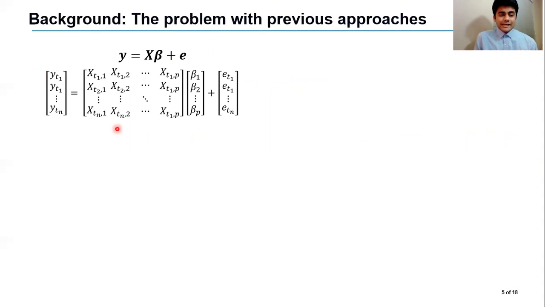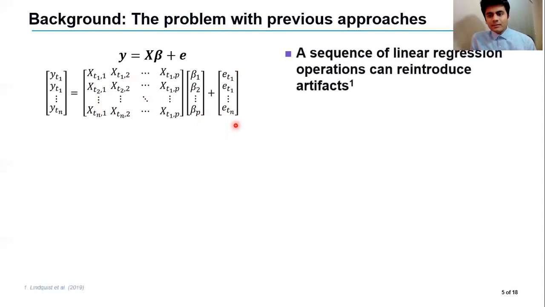X has columns that are time series of nuisance covariates, for example, head translation in the x direction and y direction and z direction and so on. Beta is the vector of coefficients obtained from the fit, and E is the residual denoised time series that is used for further analysis.